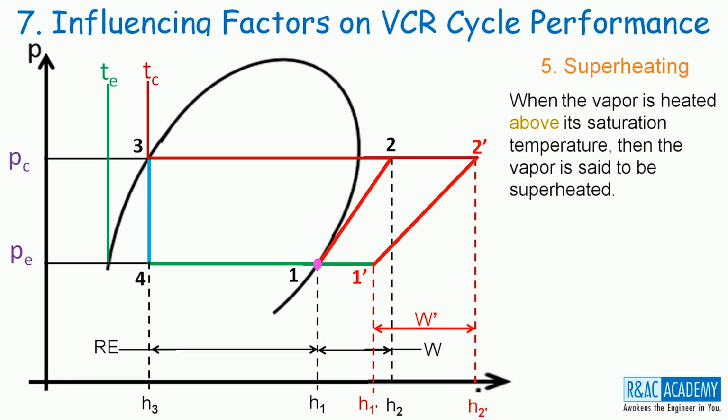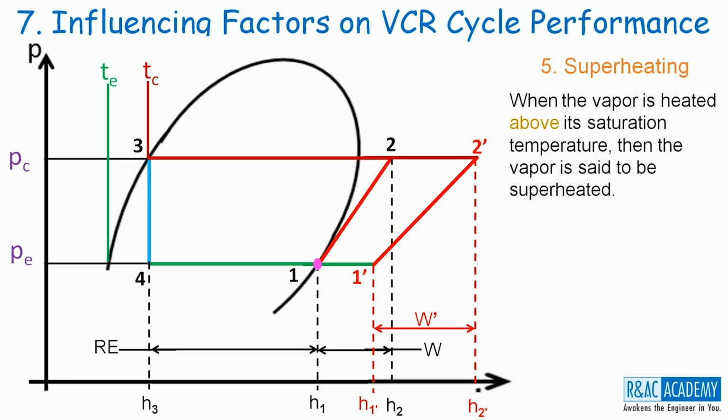If the process lines 1-2 and 1'-2' are parallel, then W and W' would be equal. However, these two are not parallel. How can we say that? There is one typical characteristic of the isentropic lines. That is, the isentropic lines become flatter as they go away from the saturated vapor line.